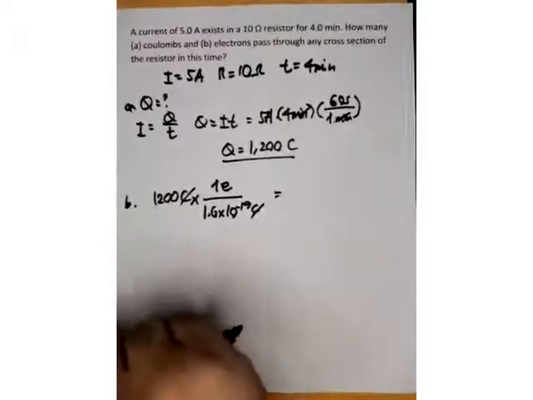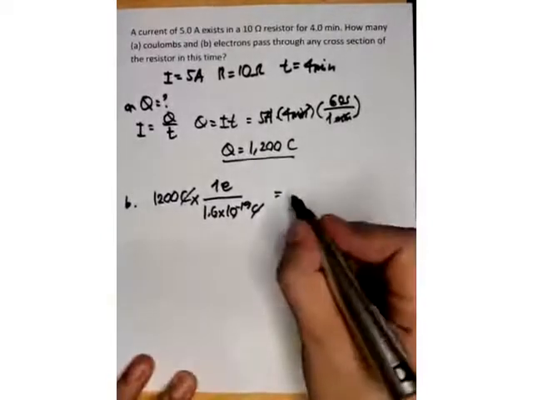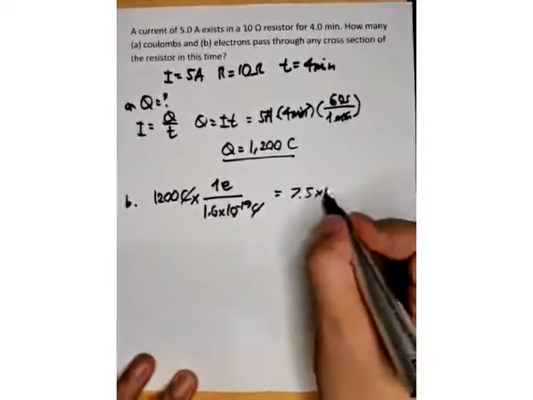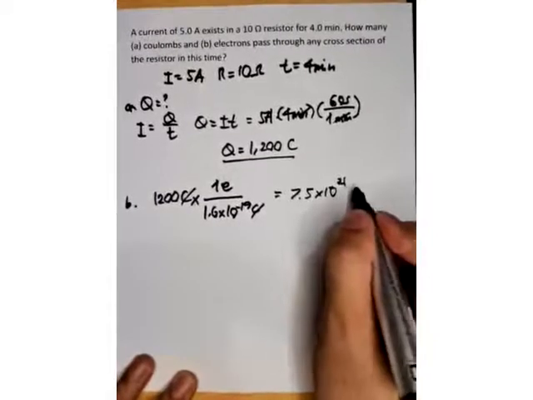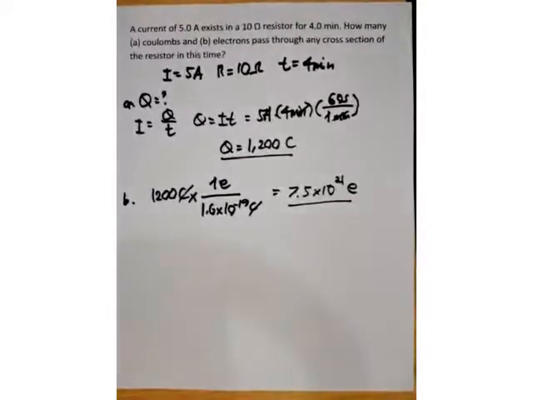So magiging 7.5 times 10 raised to 21 electrons. Ayan. Okay, class. Hindi ko sinali yung negative kasi number yung pinag-uusapan. Ilan sila? Kaya hindi ko na sinama yung negative, kasi number yung tinatanong. Okay?